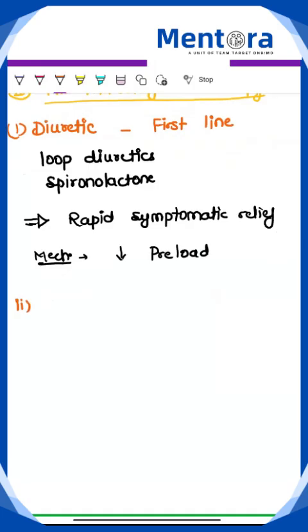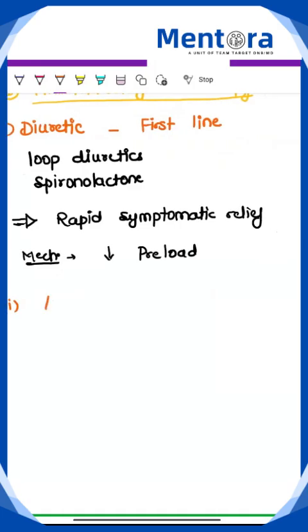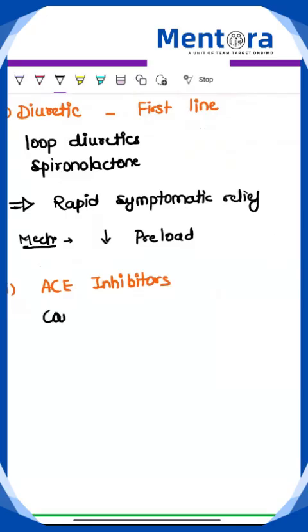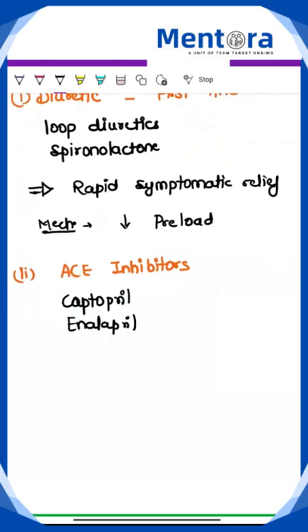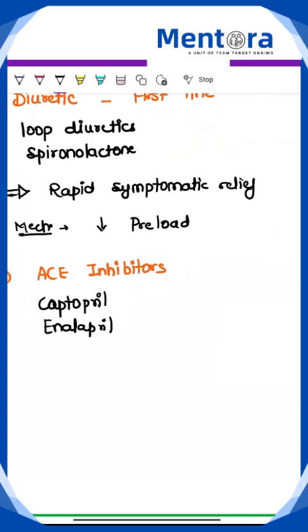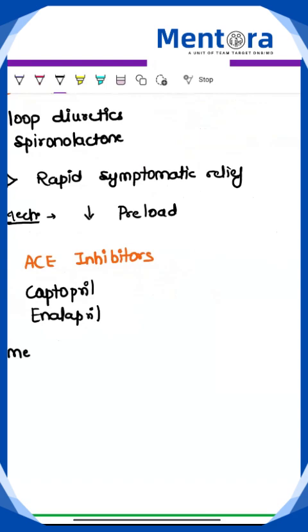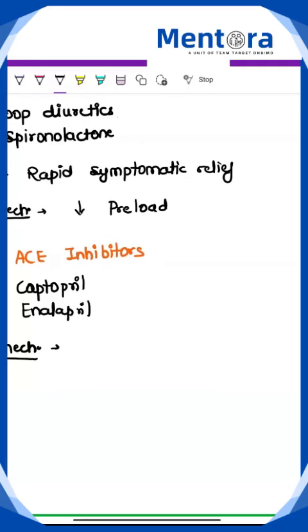After diuretics, ACE inhibitors. Captopril and enalapril are the examples. The mechanism is afterload reduction.